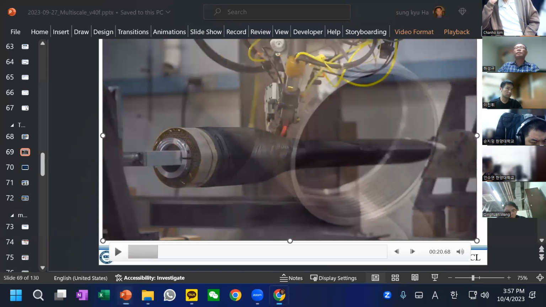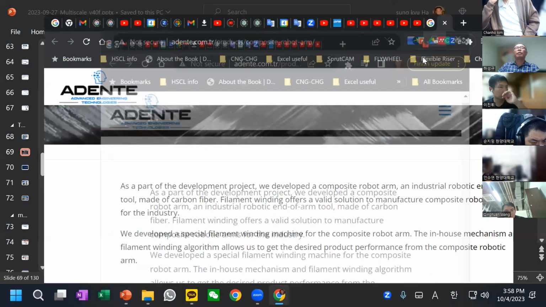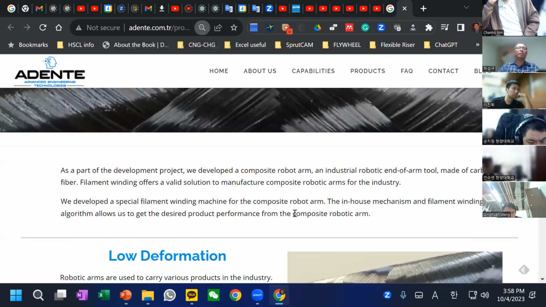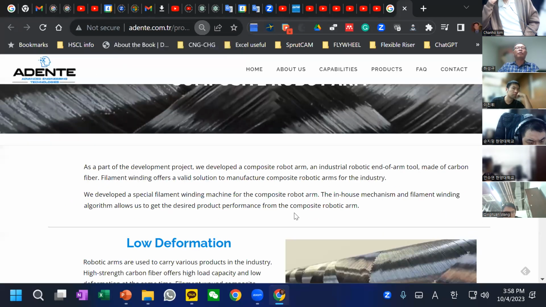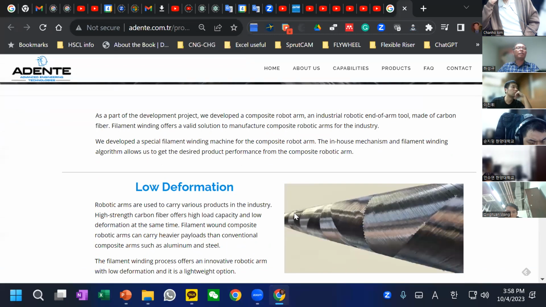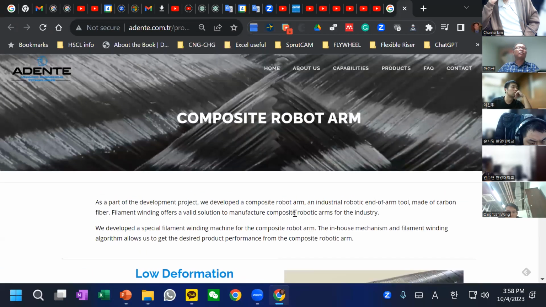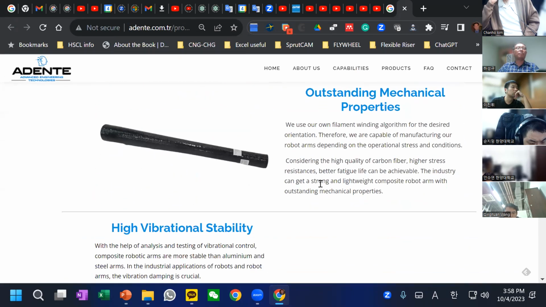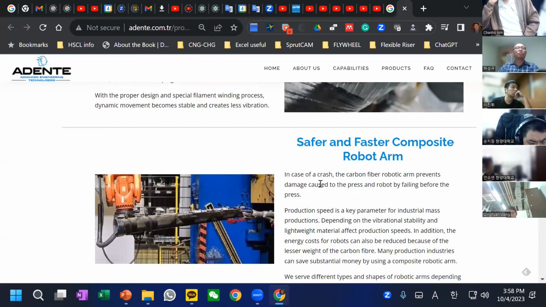And this can be another application. The application of composite is unlimited. Since it can be very light, the weight can be very important feature. Composite robot arm, it can be applied to robot arms.